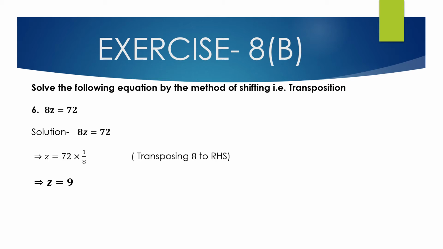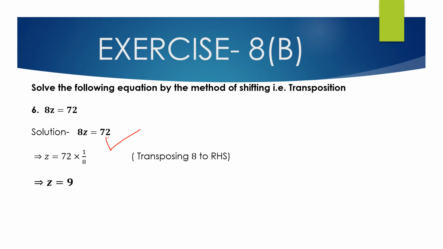Now we solve question number 6. Question number 6 is 8z equal to 72. This is the equation given and we have to solve the value for the variable z. 8z equal to 72, then z will be, 8 multiplied with z on the left hand side, then 8 transposed to the right hand side, then multiplication of 8 will change to division.